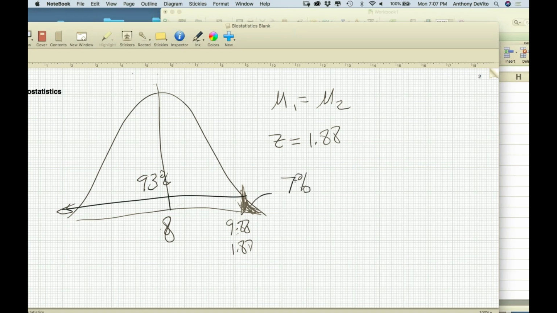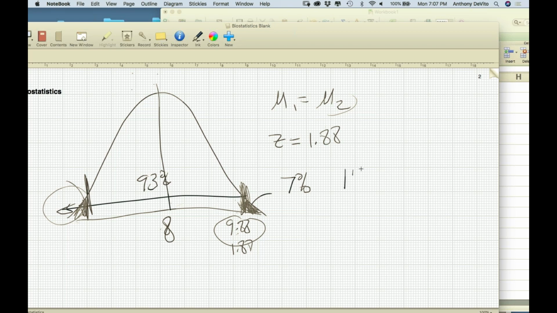7%. If it turns out that there's a 7% chance of exceeding that value, I also have 7% on this end, because I didn't start off knowing whether the mean of the population I was testing by sampling was going to be higher or lower. So I have to account for the upper end and the lower end.